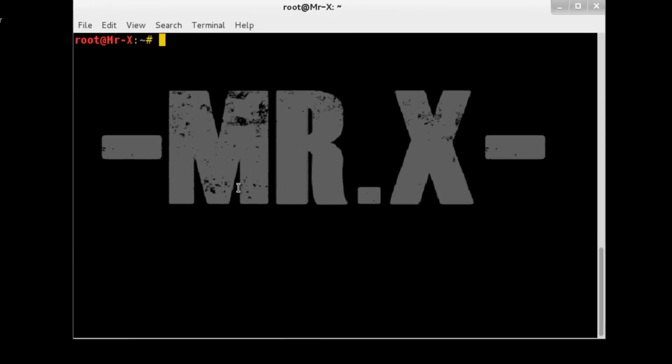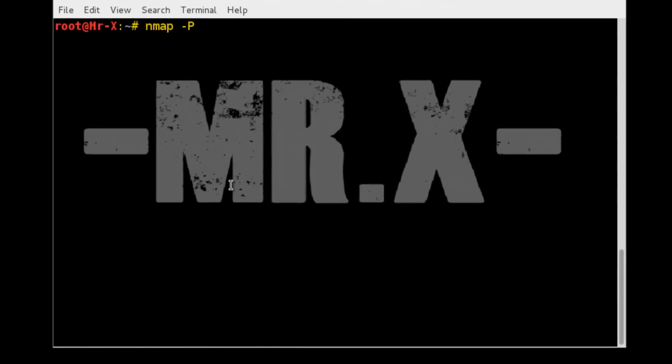So let's begin. Nmap -Pn -sI 192.168.1.134, which is our zombie machine IP, and 192.168.1.131, that is our machine B that we want to scan. That means it's our target IP.